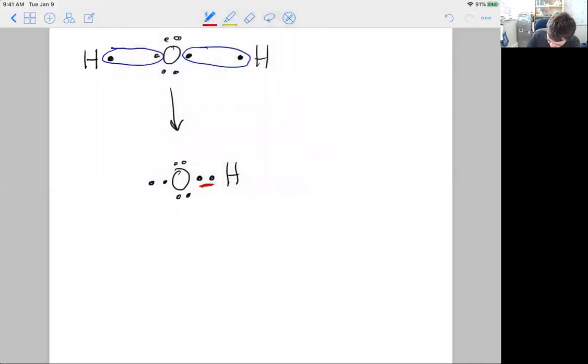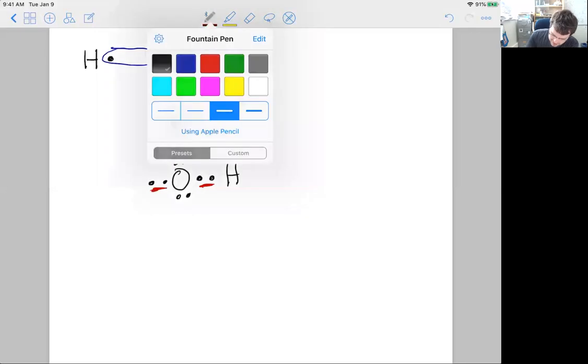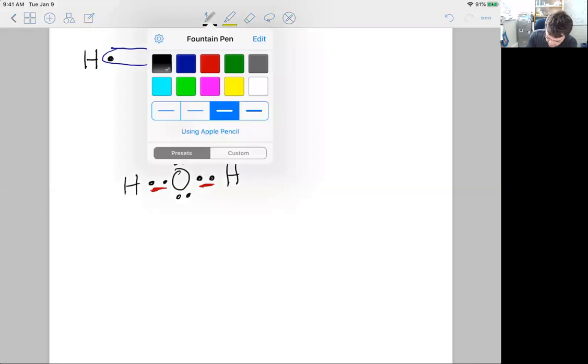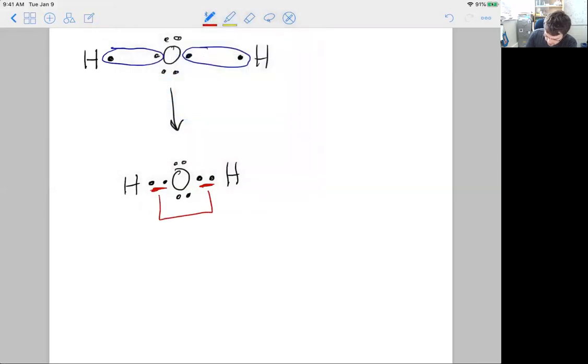Now you notice how these are sticking out horizontally. They're not pressed up against the oxygen. That allows us to see more clearly that these electrons that I've underlined in red are not localized or fixed on that oxygen atom. They are shared between O and H.